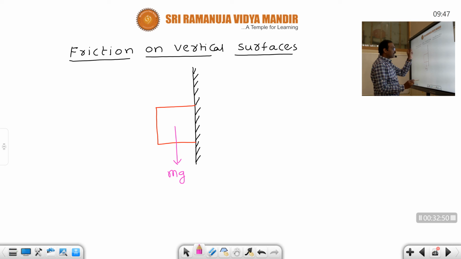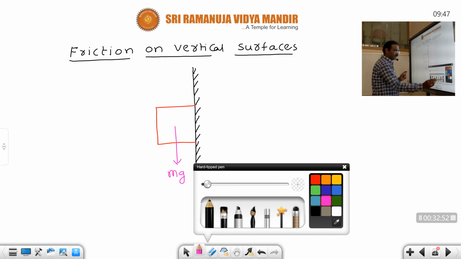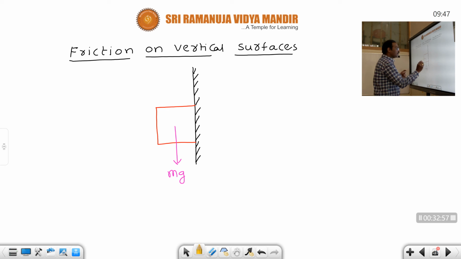Now to hold it at the vertical surface, you have to apply a normal force. That means you have to apply the force F in the inward direction, into the plane of the board, to hold it up.